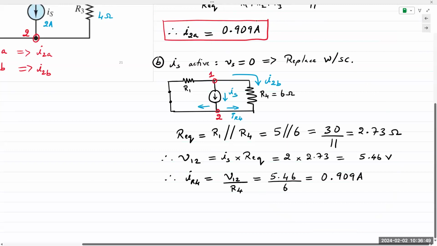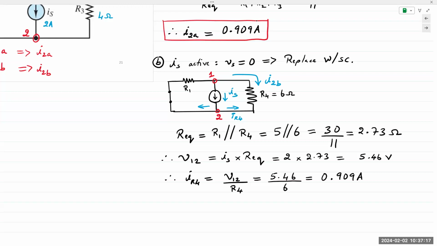Yes. Absolutely. That was going to be my next point. I was going to say, what do you see about I2B? Specifically the direction. Because the current source is pointed downwards, the current IR4 is going in the opposite direction as I2B.